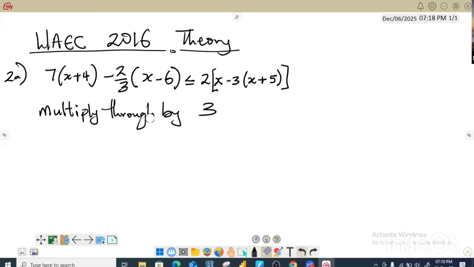And in doing that, we are going to have 21 into x plus 4 minus 2.